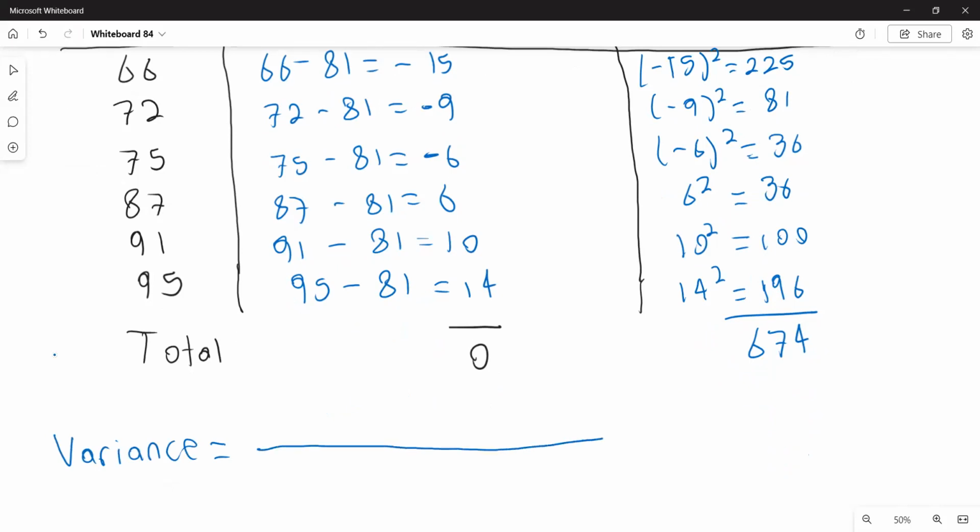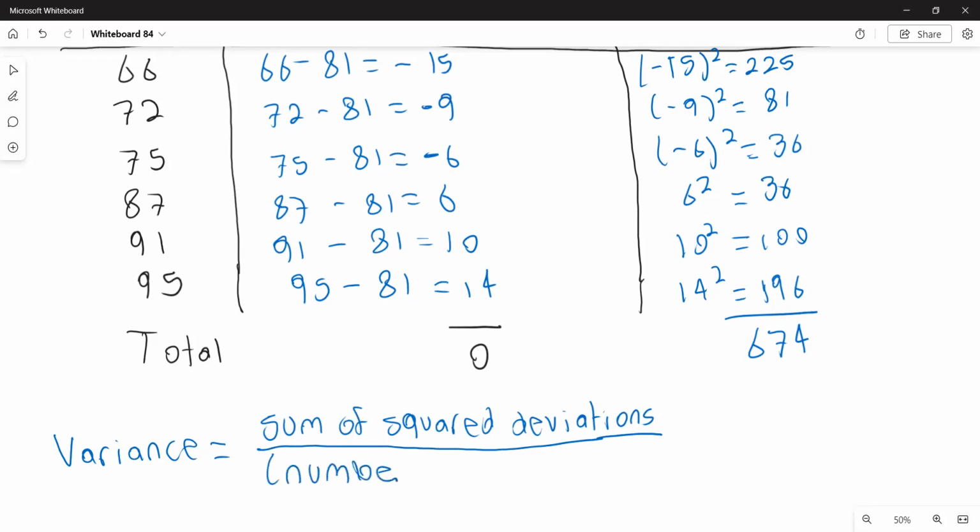The variance is the sum of square deviations, which we found to be 674, over the number of data values minus 1. So if we have 6 data values, we're going to divide this by 5.